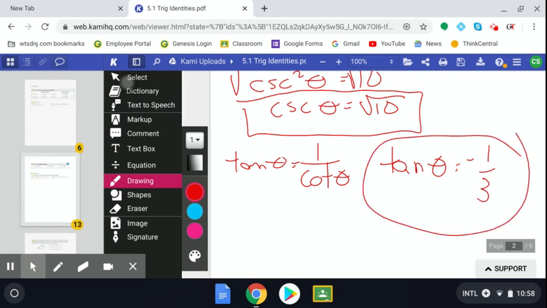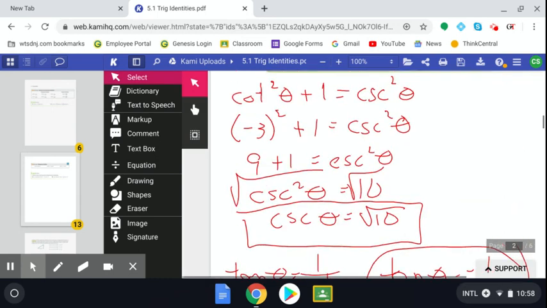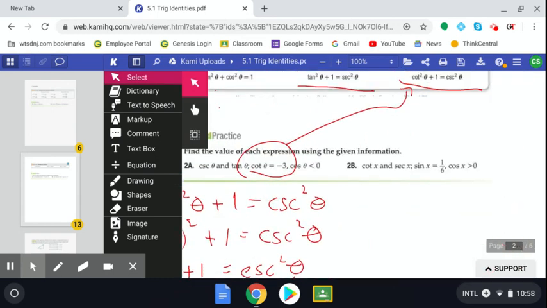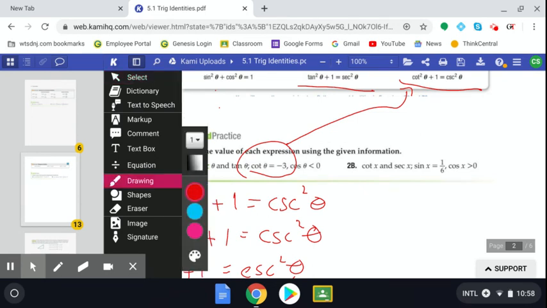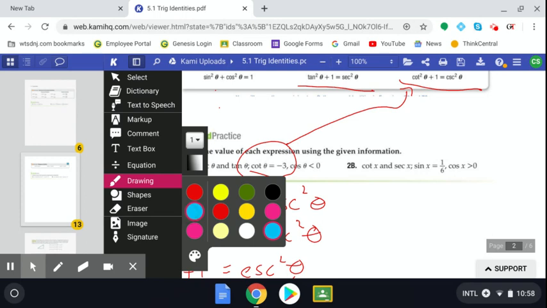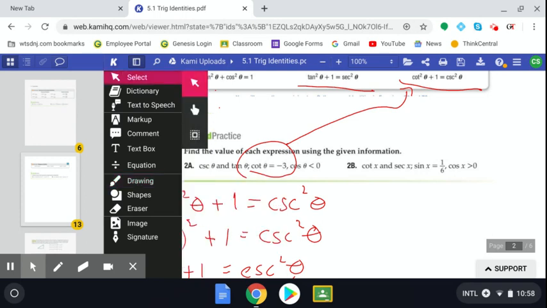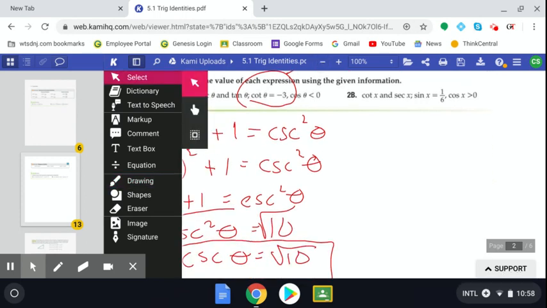Okay. All right. For the second one, now they're asking me to find, let me use a different color here so it's easier to see. They said cotangent x and secant x, that's what they want me to find.